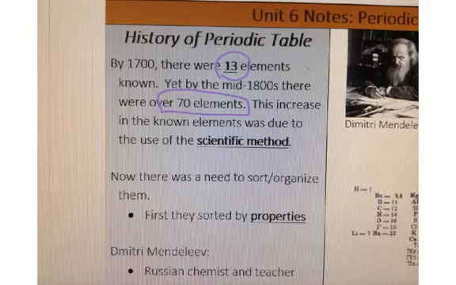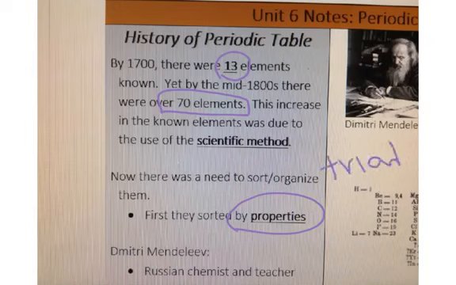Now, because we had over 70 elements, we needed to start to organize them. And first what they did is they based it entirely off of their properties. It was based off of their chemical reactivities and their chemical properties, because that's what they were studying. That's what they focused all of their attention on during this time. And what they came up with were these things called triads. Triads were groups of 3 elements, so they would group up elements that had similar properties.